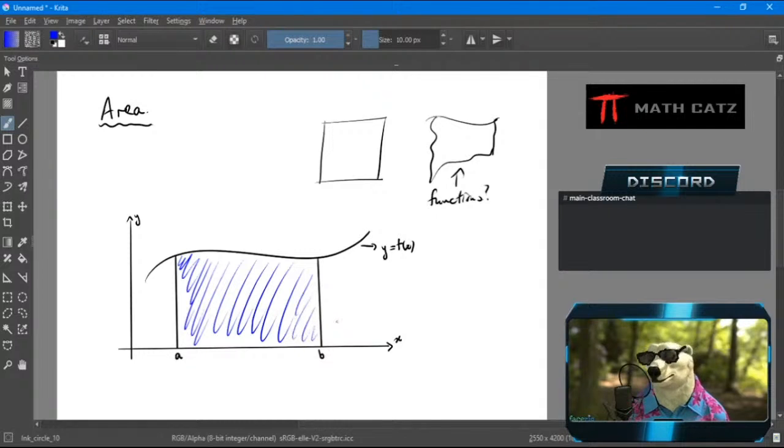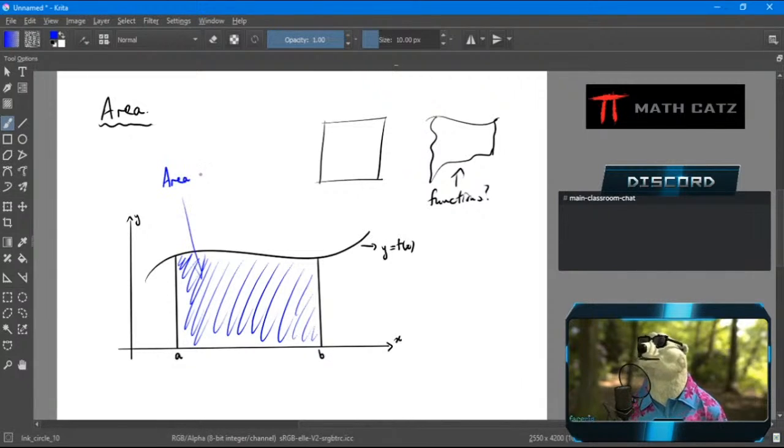So now I'm interested in this blue area. It's close to a rectangle, but it's not exactly a rectangle. And it's very important to accurately calculate what this area is. So in the simplest case, I have straight lines. I can just put it on the x-axis, and I'm asking for the area.